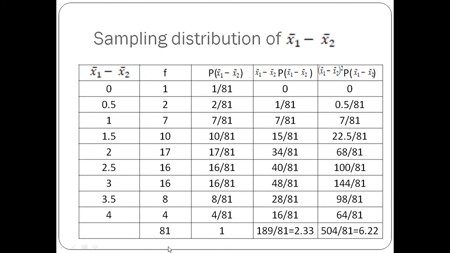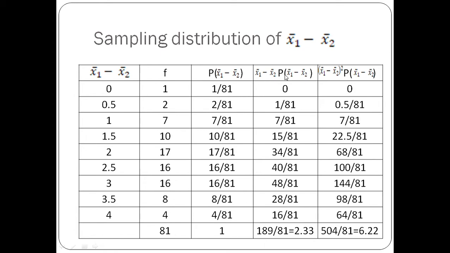Here it is equal to 81. Now probability, as I have told you, is the number of occurrences divided by the total. The number of occurrences of 0 is 1, so 1 by 81, then 2 by 81, and so on, and its sum will always be 1.